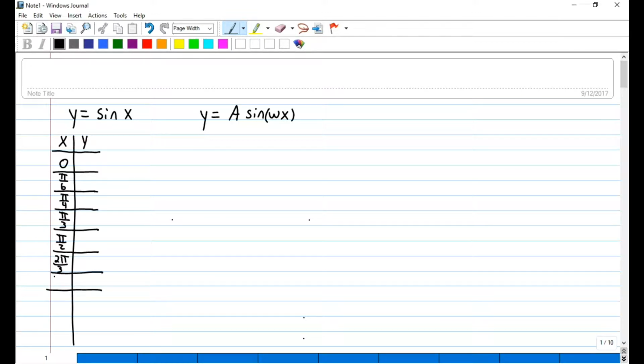And then 3 pi over 4. And then 5 pi over 6. And if I want to stop at pi, that would be the last point I put in my table. Now I have to know what these values are.